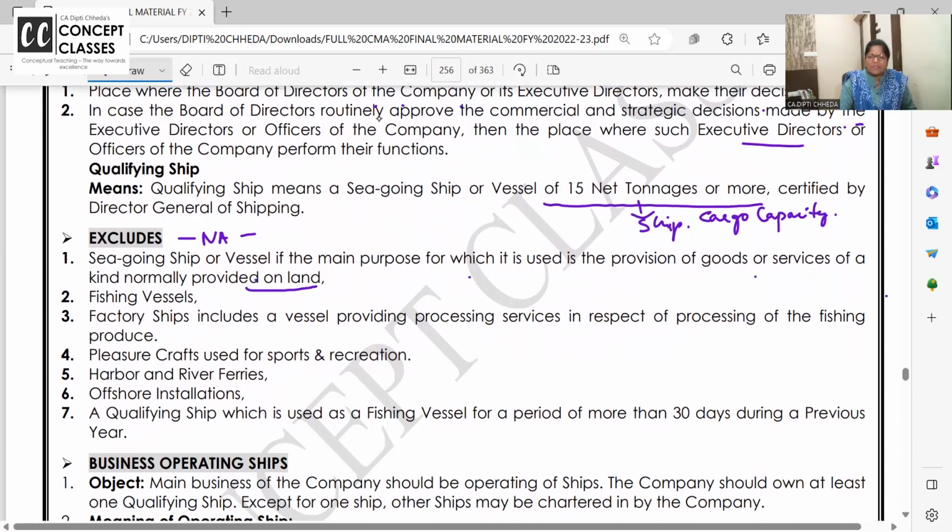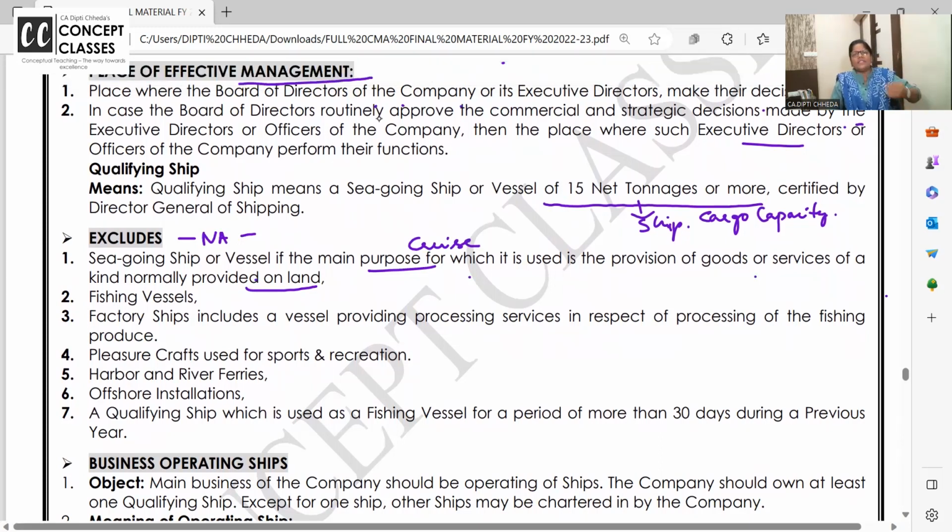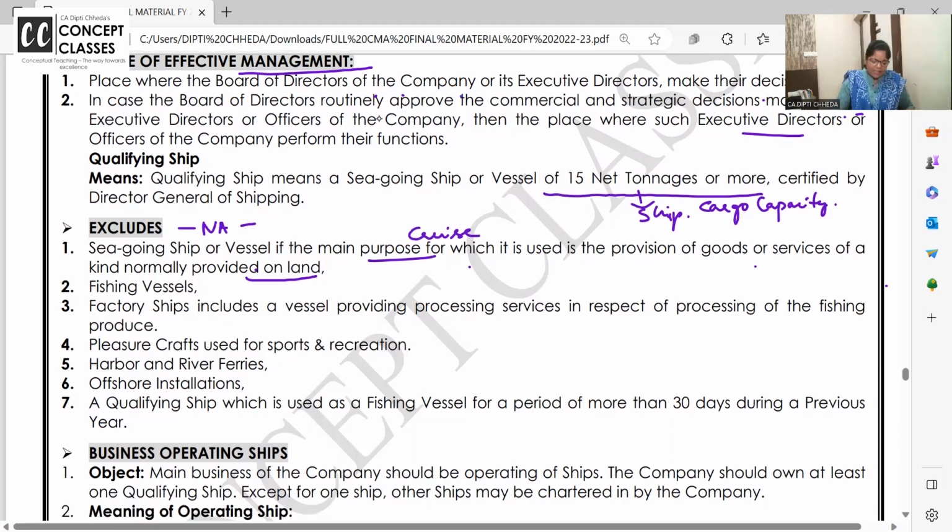So those services on land that are being given on water, you can write the example here is cruise. Nowadays there are big cruises, in that restaurant is there and lodging boarding rooms are there, swimming pools are there, water parks are there, musical fountains are there. So everything what is done on land, they are doing it on water. Those kind of cruises are not covered by tonnage tax scheme.